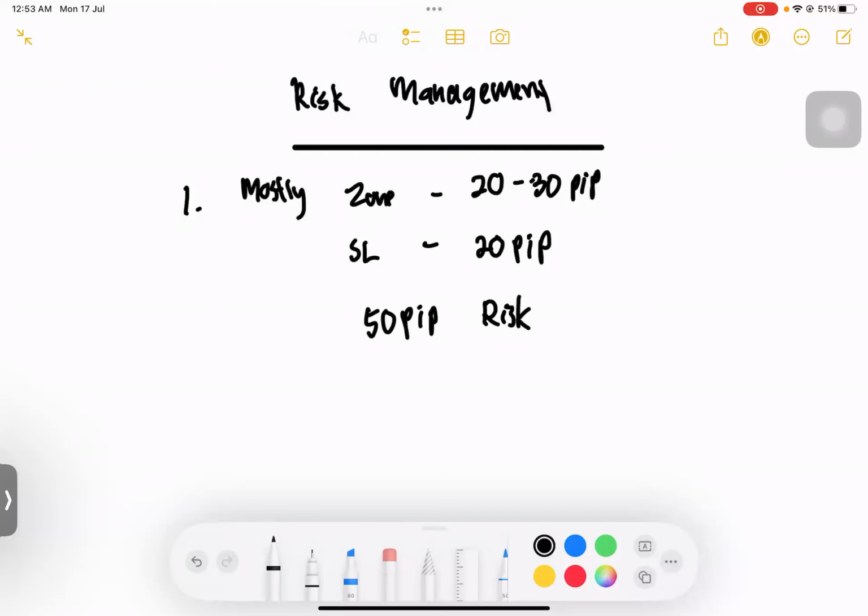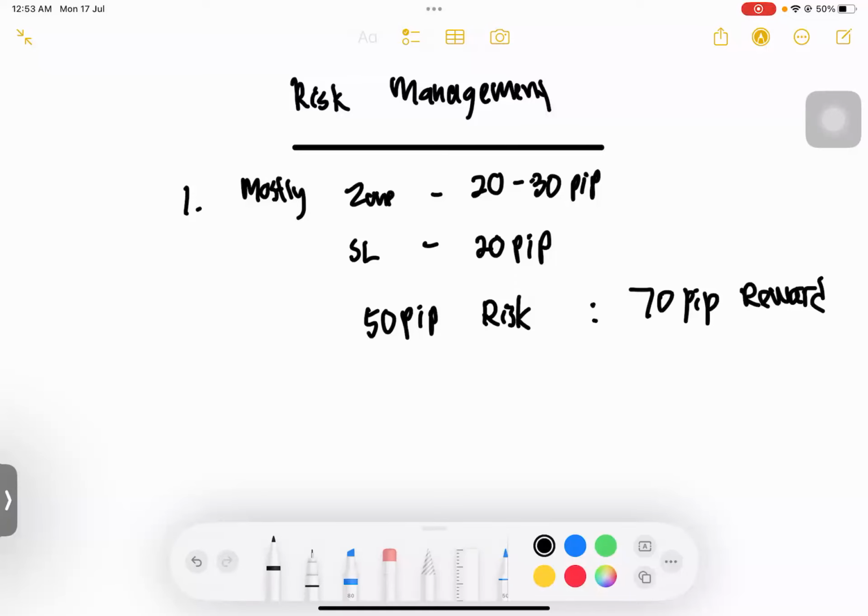The maximum risk you should take on one setup is 50 pips, and your reward will be at least 70 pips. For the reward, I take the minimum. For the risk, I take the maximum. So every setup, if you lose 50 pips, you can recover with another one, which is 70 pips.